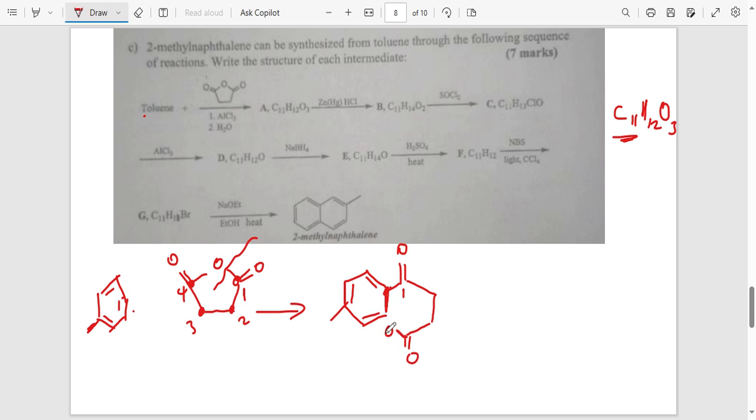Now, I'm not writing a mechanism, but at the beginning, this double bond is the one which actually did attack. When it attacked, the bond here had to break to form the negative. Remember when the double bond attacks, just like the previous mechanisms we've been talking about, a positive charge is going to be formed.